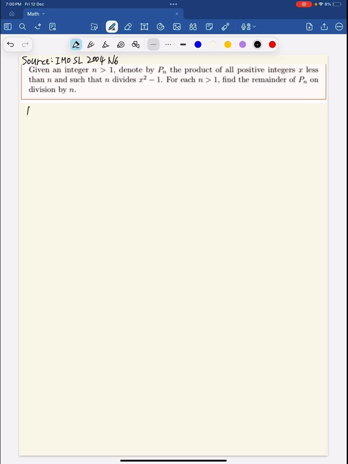So let's say n equals 2. After a bit of trial and error, actually it's just one trial, you'll get that x equals 1 works, and multiplying 1 together is 1. So the answer is 1. N equals 3. After a little bit of calculation, you'll see that both 1 and 2 work, so the answer is 2.